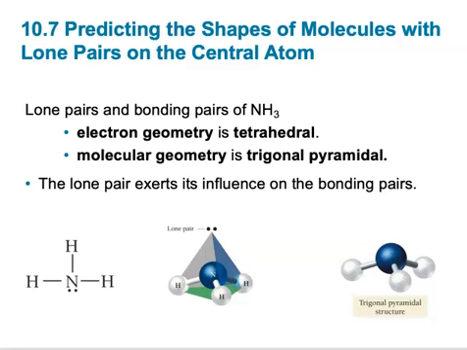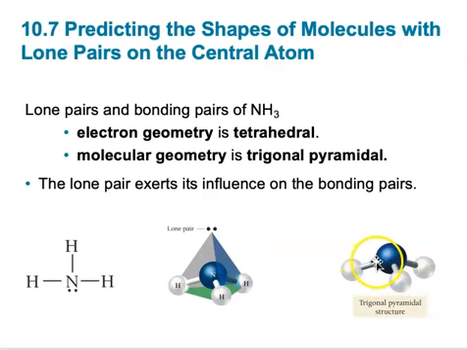The ammonia molecule has 4 electron groups: 1 lone pair and 3 bonding pairs of electrons. If we look only at the electrons, the electron geometry, the geometric arrangement of those electron groups, is tetrahedral. The molecular geometry, the geometrical arrangement of the atoms, is what we refer to as trigonal pyramidal.